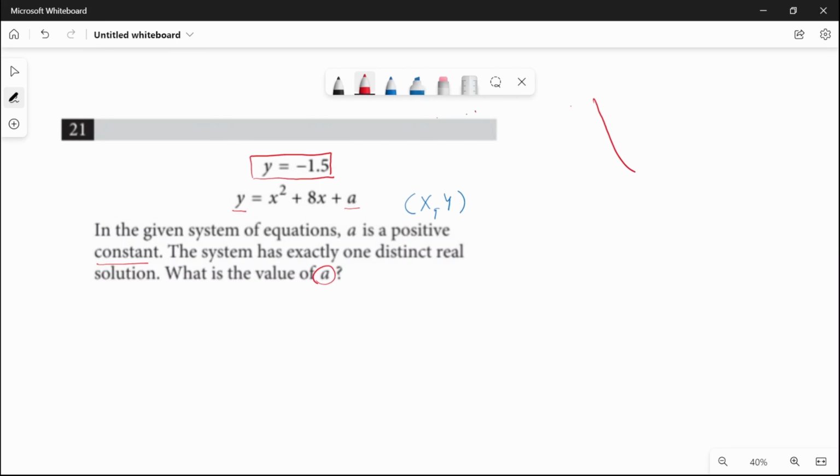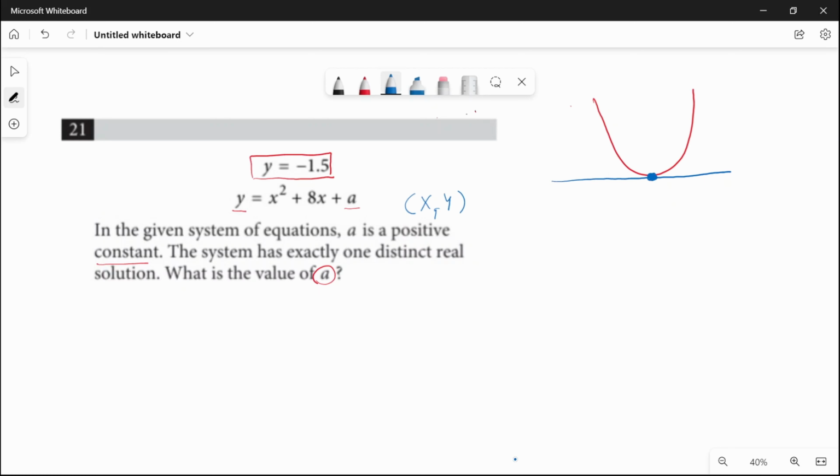So if this is the quadratic function here, the horizontal line will be crossing it at this exact point, which is the vertex. If it had two real solutions, the horizontal line would be something like that. If it didn't have any solutions, the horizontal line would be like this. But in our case here, they intersect at exactly one point, which is the vertex point.